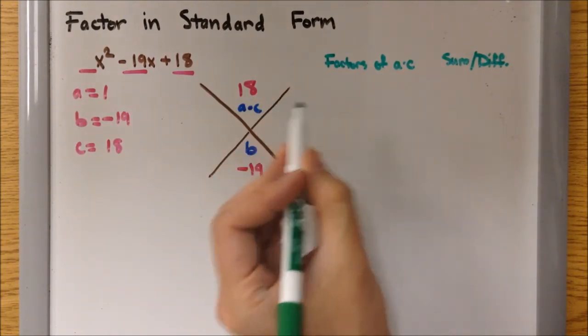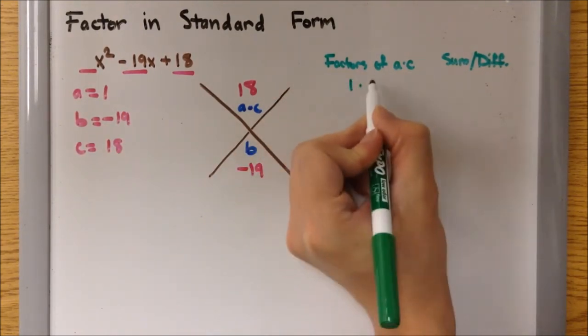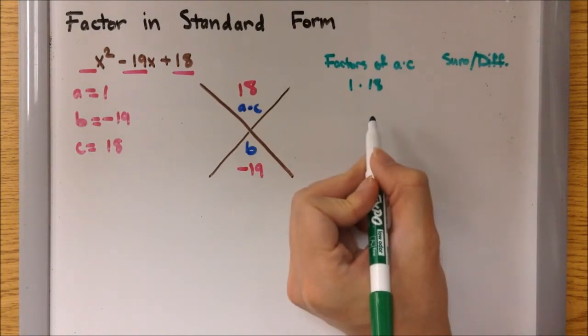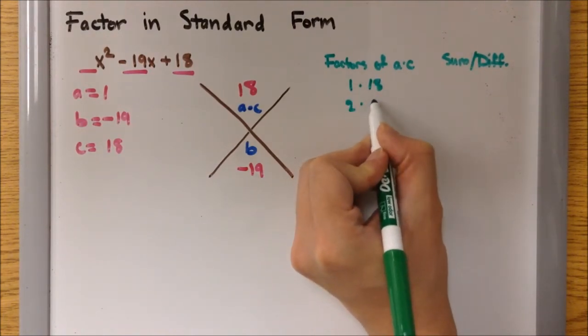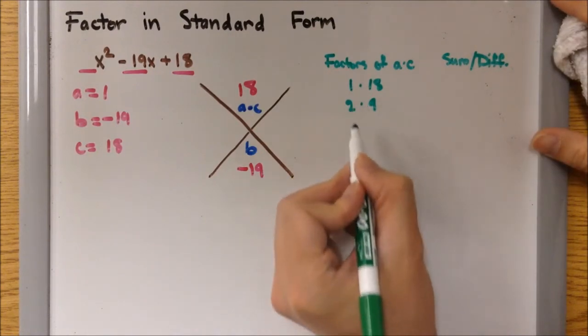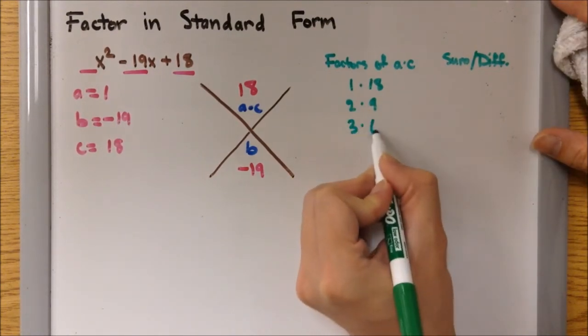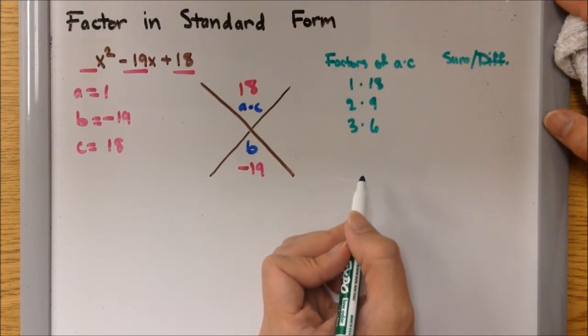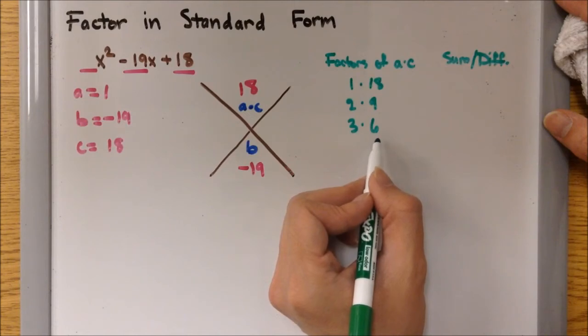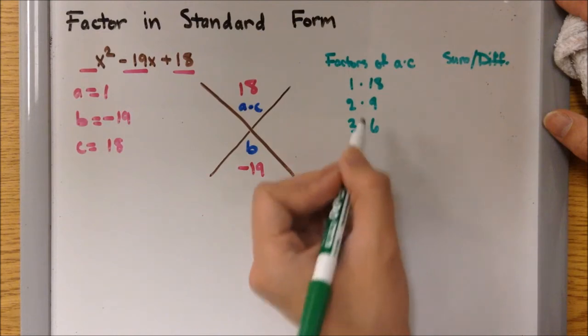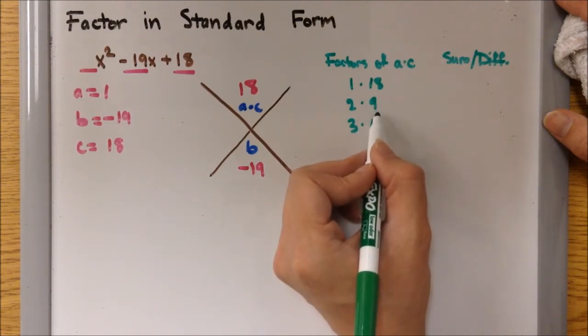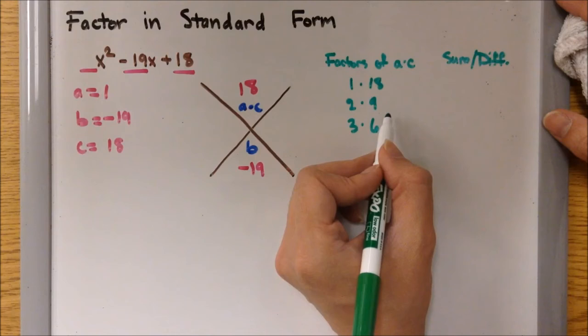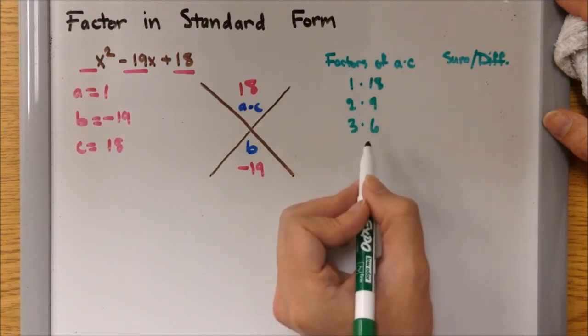So we can do 1 times 18, 2 times 9, 3 times 6, can't use 4, can't use 5, we're already using 6, 7 does not go in 18, 8 does not go in 18, we are using 9, 10 does not go in 18, 11 does not go in 18, 12 does not. So I think we have the factors for positive 18.